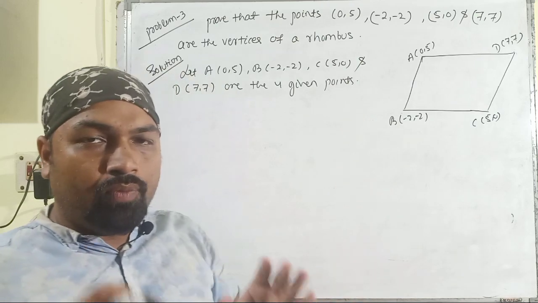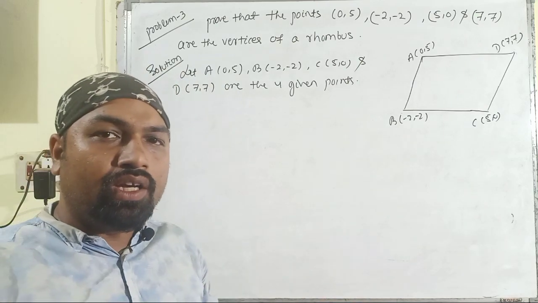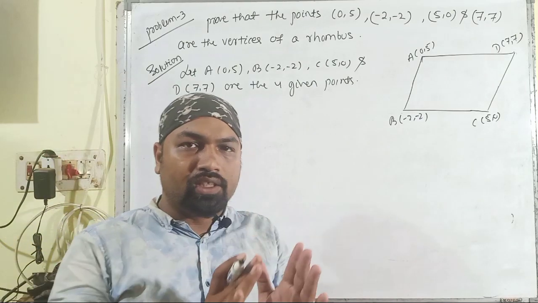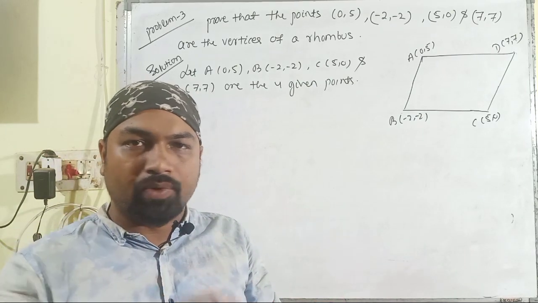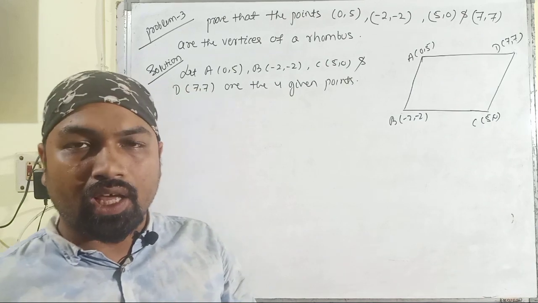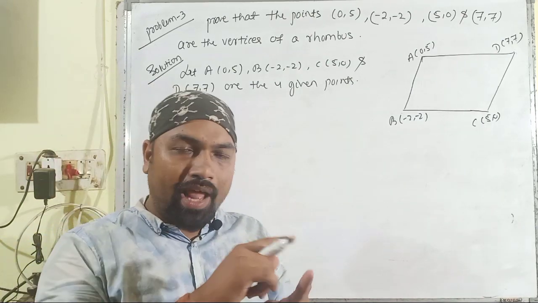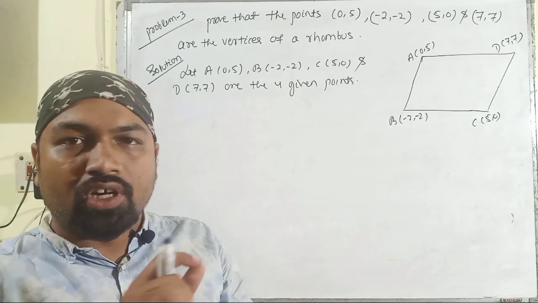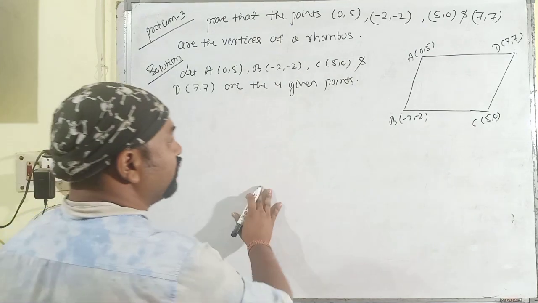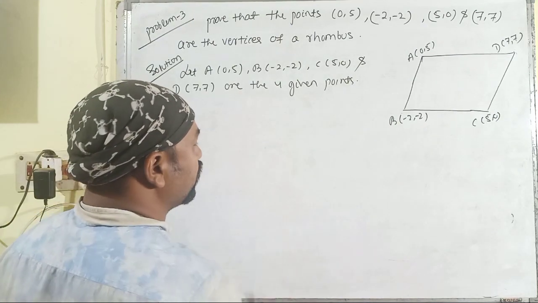That means if we have to prove that a quadrilateral is a rhombus, we have to prove 2 cases here. The lengths of all the sides must be equal, and the other most important case is that the lengths of the 2 diagonals must not be equal to each other. So first of all, let us find out the length of all the sides.